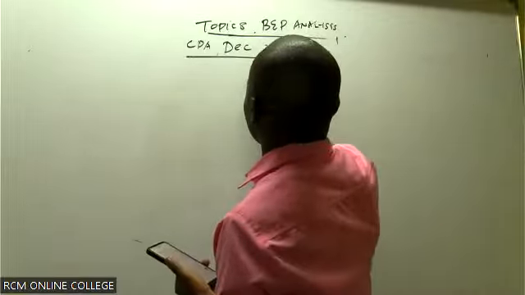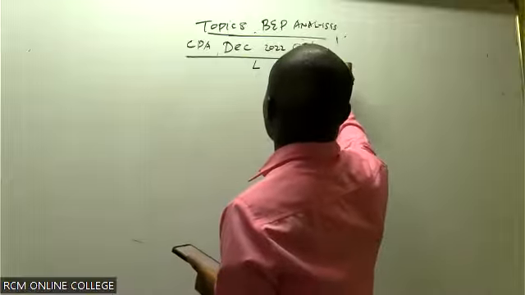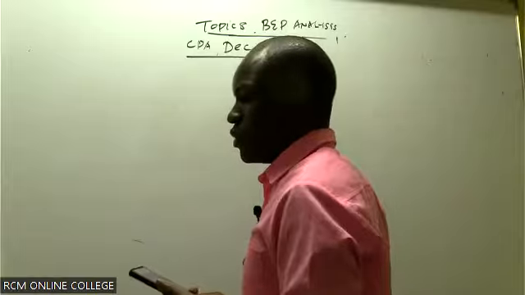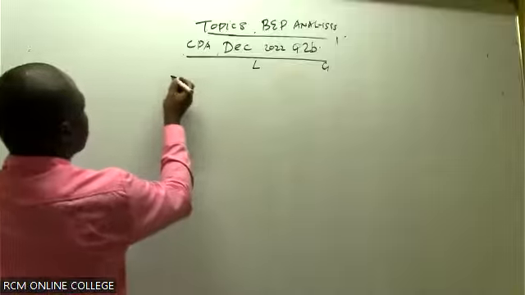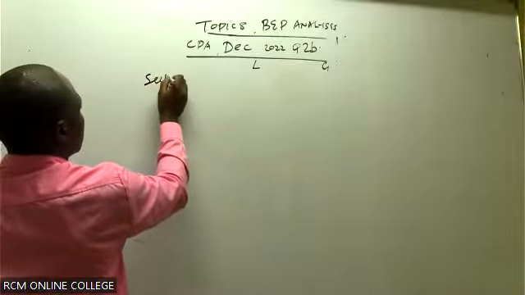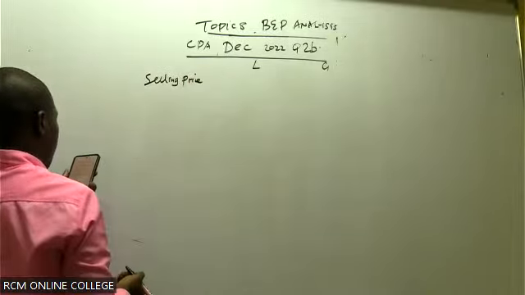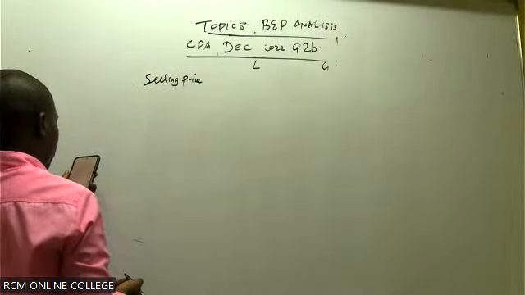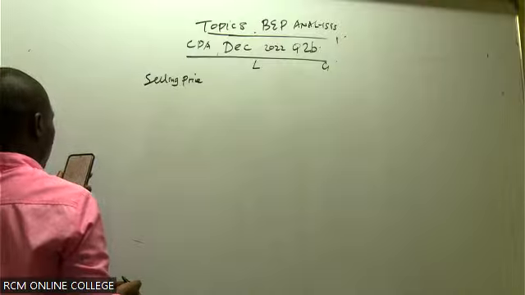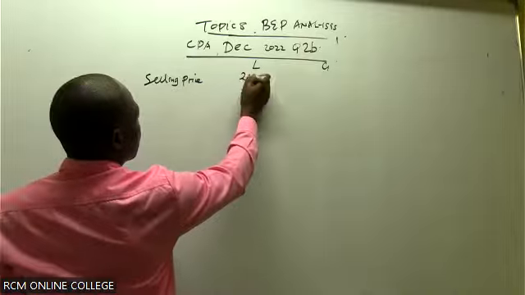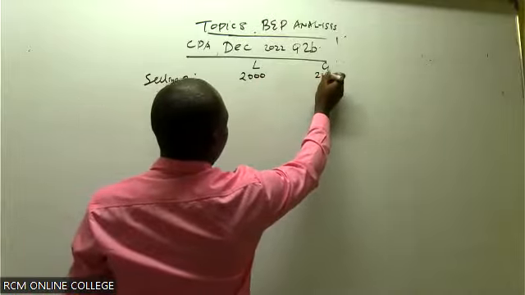We have product L, we have product G. What do we need to start with? Selling price. Tumepewa selling price? Yes, selling price given there, 2,000, 2,100.